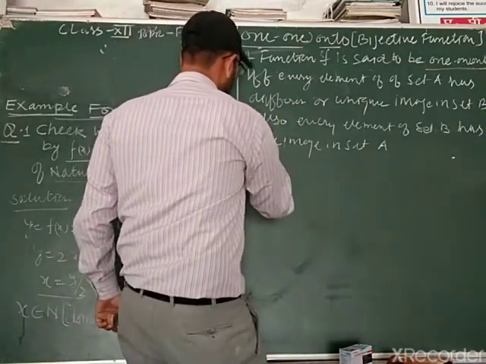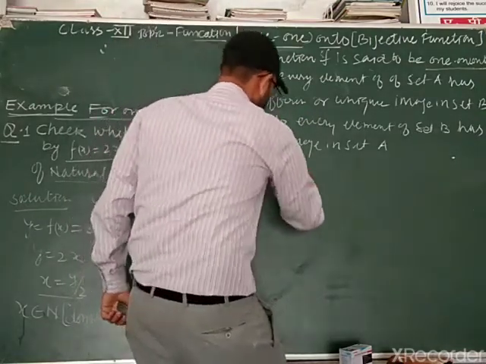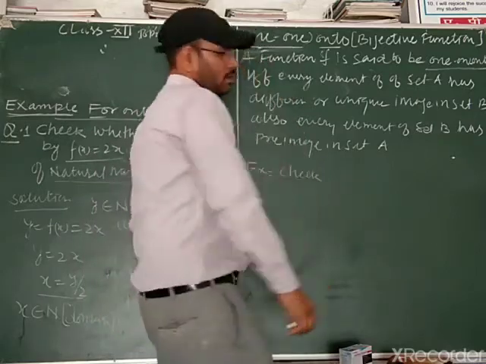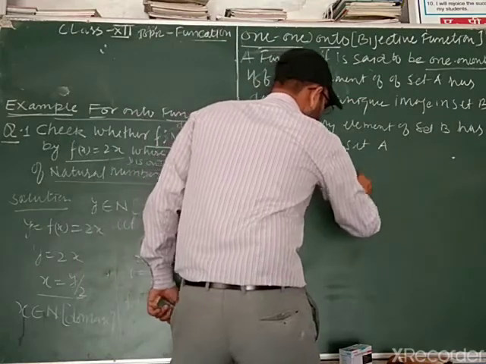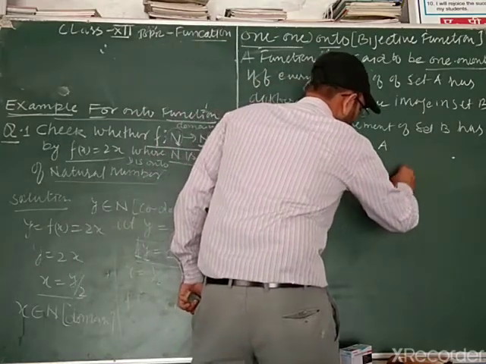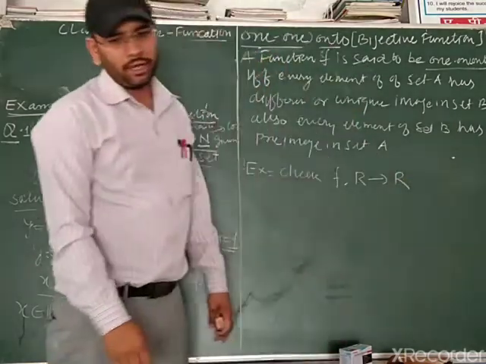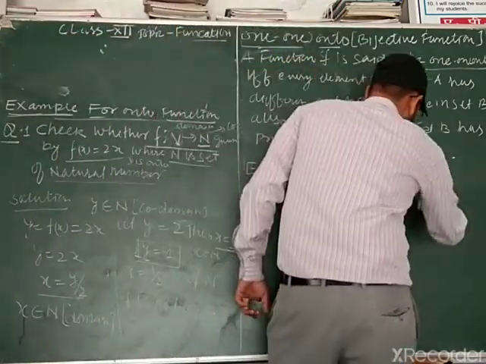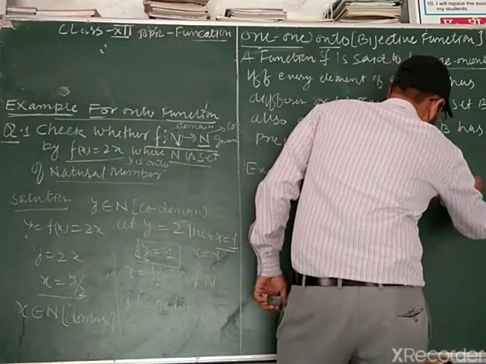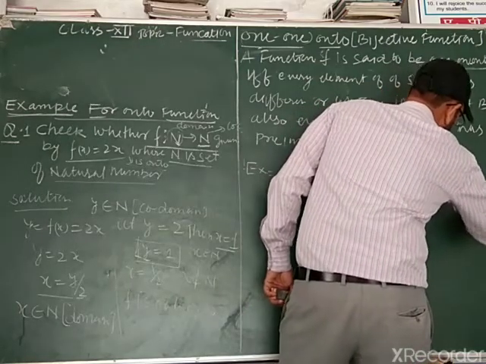Let's check an example. f belongs to real number to real number, and we are given f(x) is equal to 1 upon x.